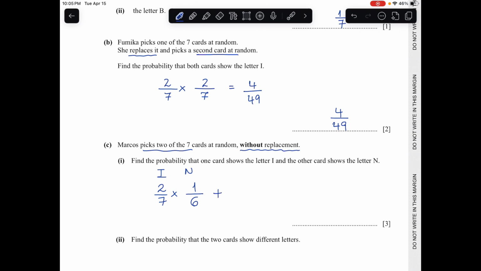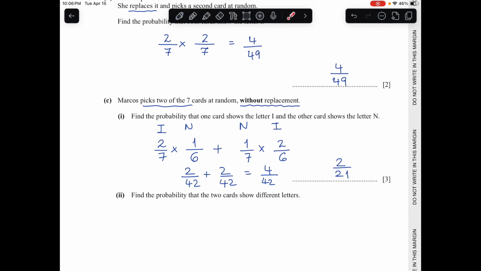Or it is possible that he may first pick the letter N. So that would be 1 out of 7 times, then he picks the letter I, which would be 2 out of 6. So let's work this out. This is going to be 2 out of 42 plus 2 out of 42, which is 4 out of 42. That could be simplified as 2 out of 21.